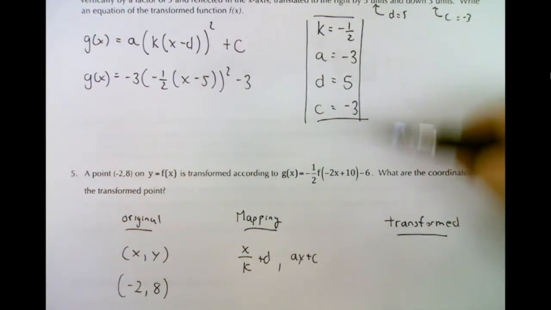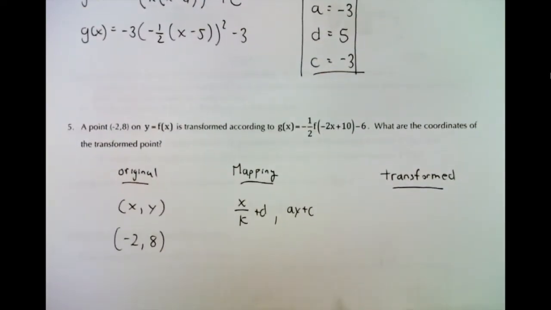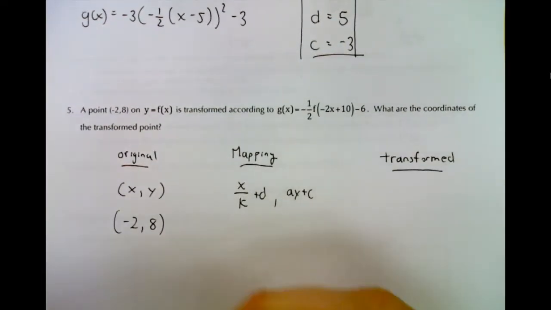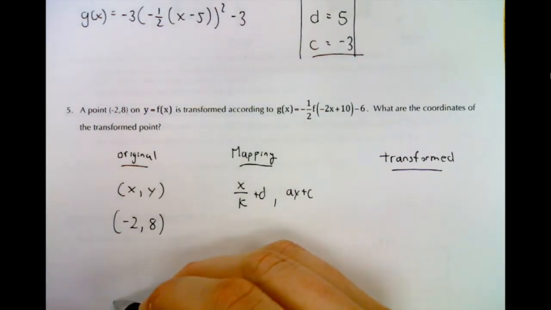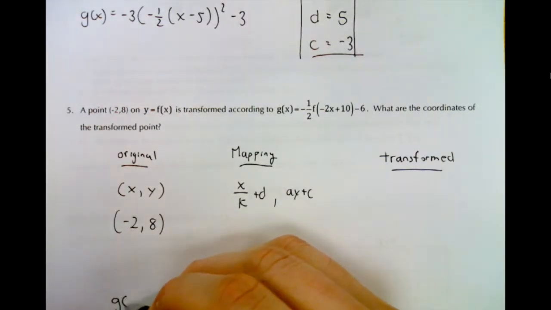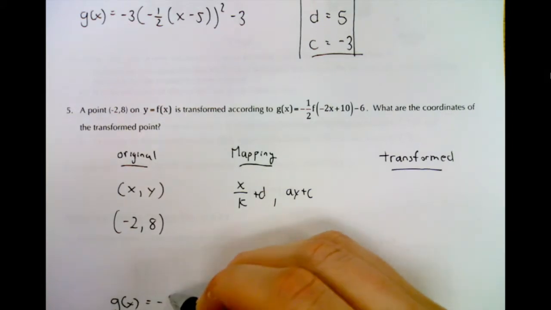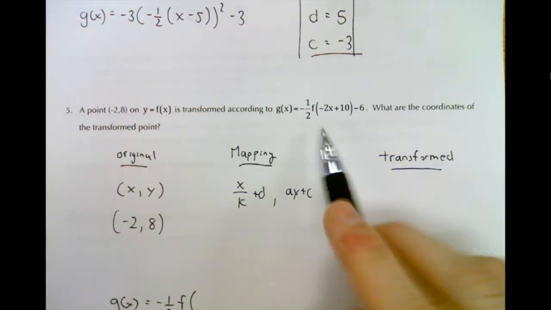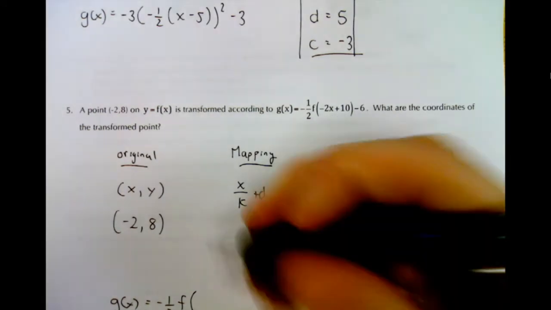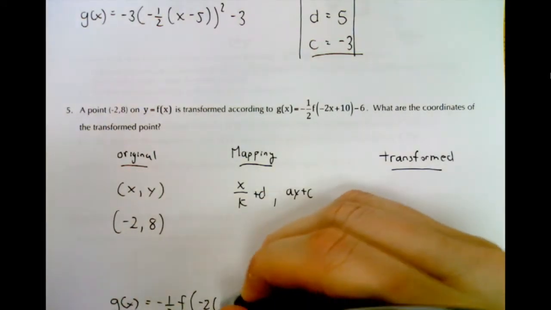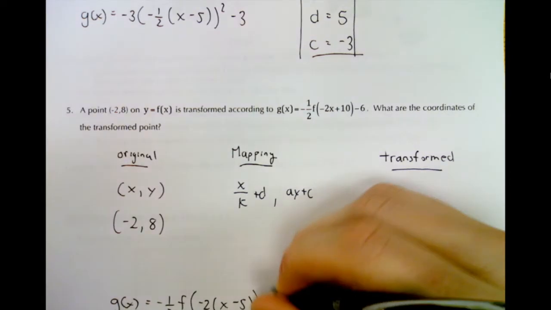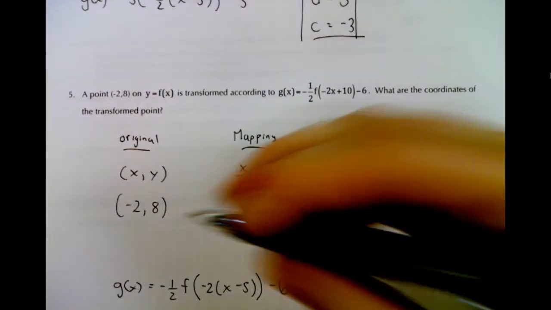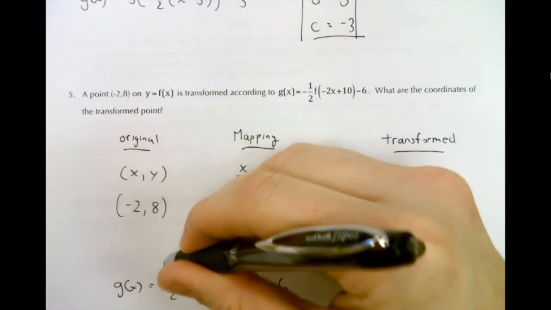Let's pick it out. Need some more space here. Our function is g of x. G of x equals negative 1/2 times f. F is our function, negative 2x plus 10. Not common factors, so I'm going to common factor it down here: minus 5, minus 6. And now let's see if we can pick out a, k, c, and d. A is in front.